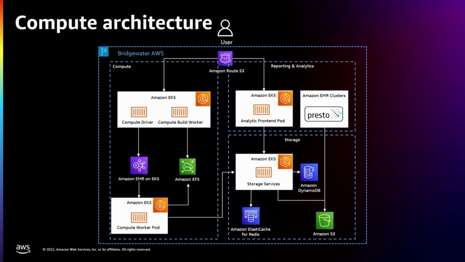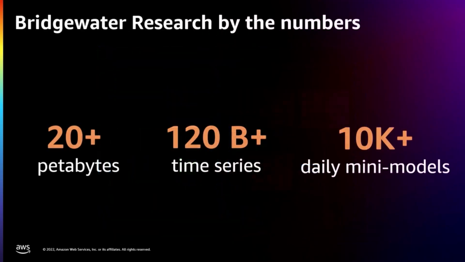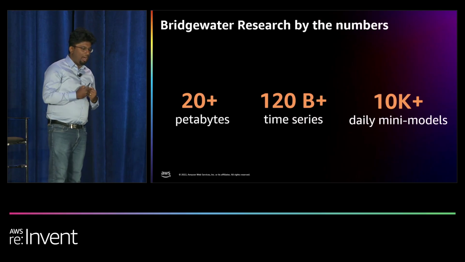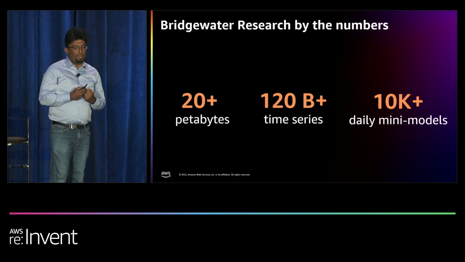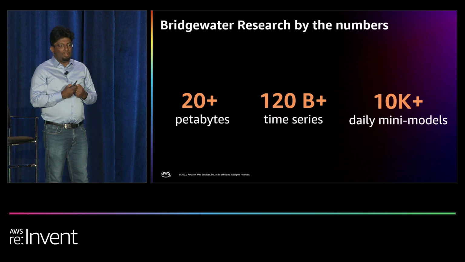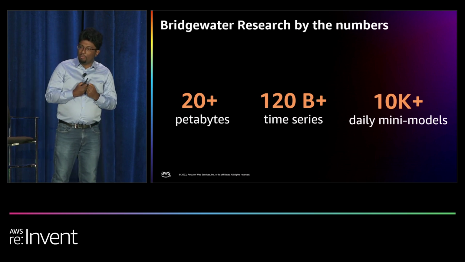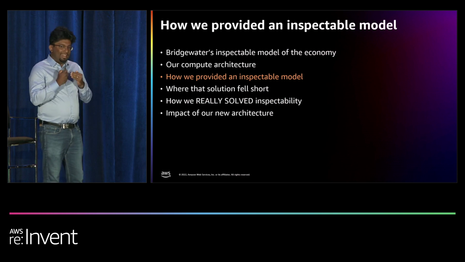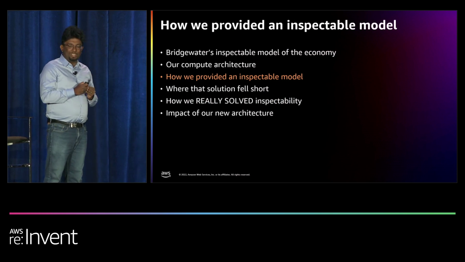And just remember this picture while we talk about the rest of the presentation here today. To give you some quick numbers about Bridgewater Research, our team, we store over 20 petabytes of data, over 120 billion time series, and we run about 10,000 of these mini model executions a day. Now let's talk about how we build inspectable models, and handing it over to Laura.